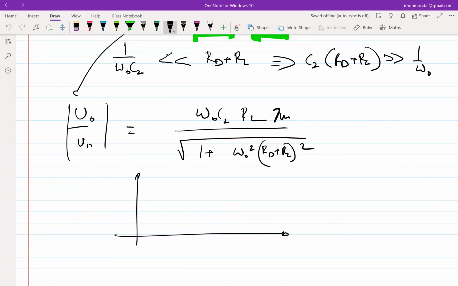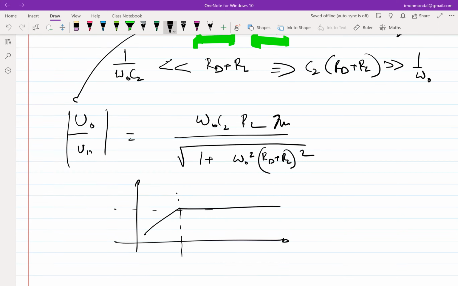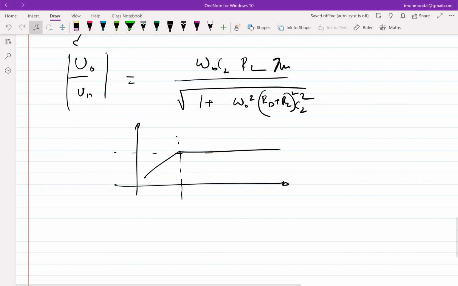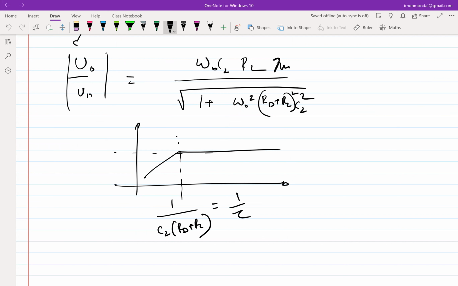I should get something going up, and at infinite frequencies it will be flat, right? At omega tends to infinity, the omega naught term cancels off. And what is this corner frequency? This corner frequency is 1 over C2 times RD plus RL, which is essentially the time constant.